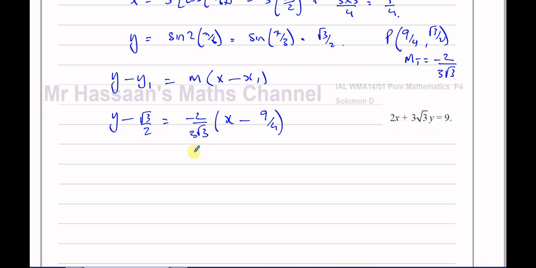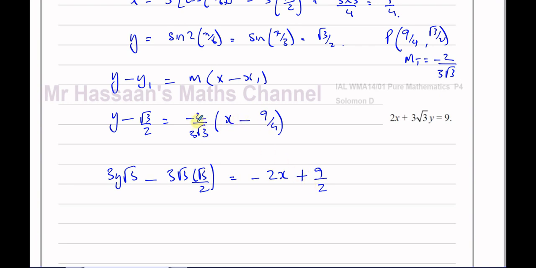Now, what I can do first is, let's get rid of the fraction, the 3 root 3. Let's multiply both sides by 3 root 3, in which case you're going to have 3 times y times root 3 minus 3 root 3 times root 3 over 2, and this will be equals minus 2 times x minus 9 over 4.